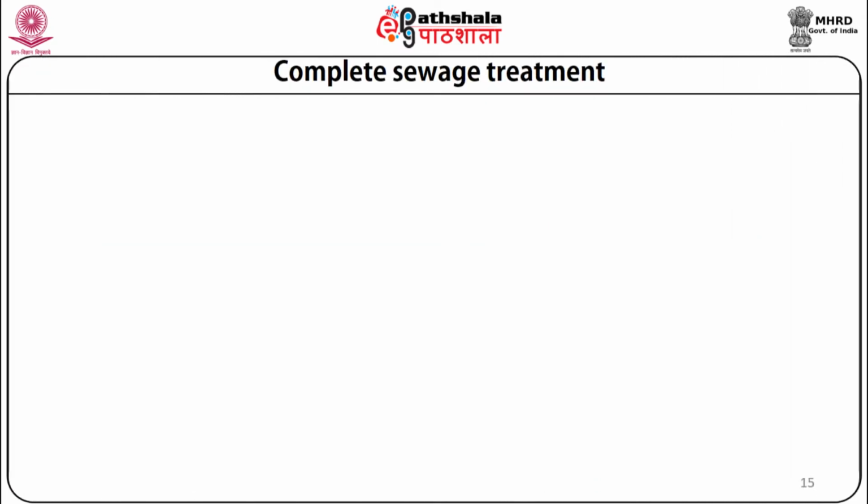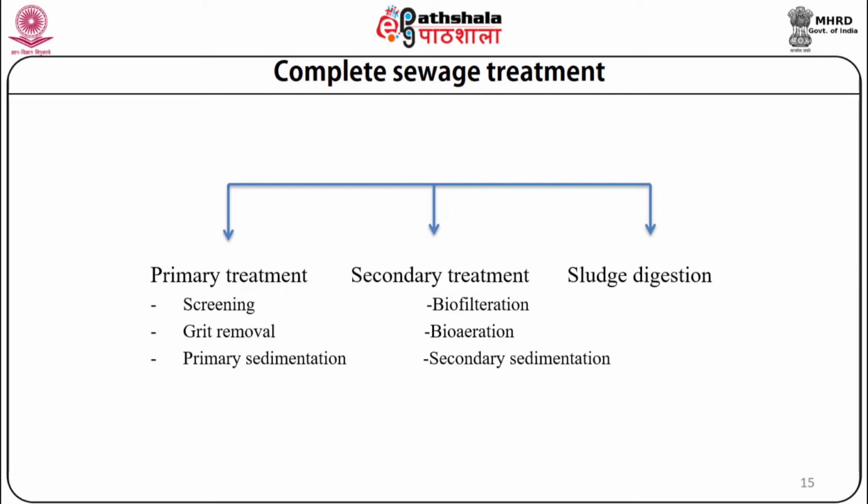Now, complete sewage treatment involves 3 steps. The first step is primary treatment, in which the sewage is exposed to screening, grit removal, and primary sedimentation.